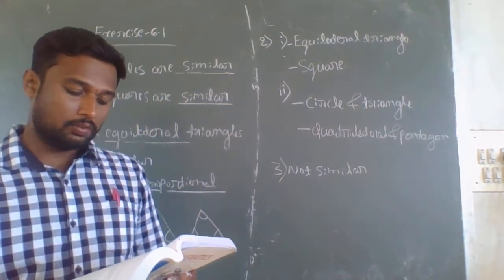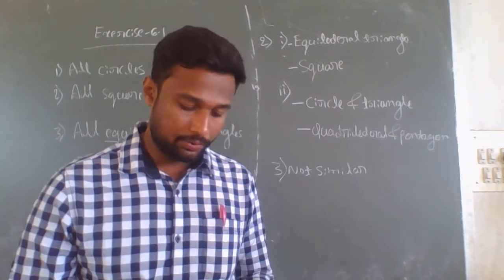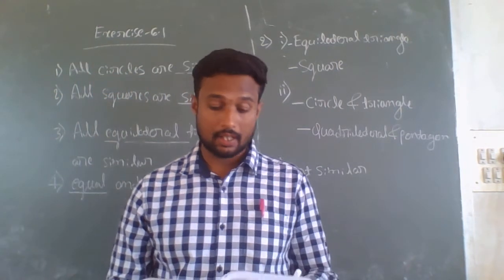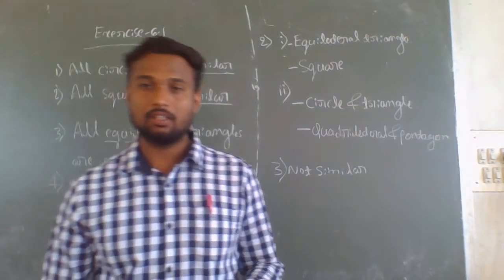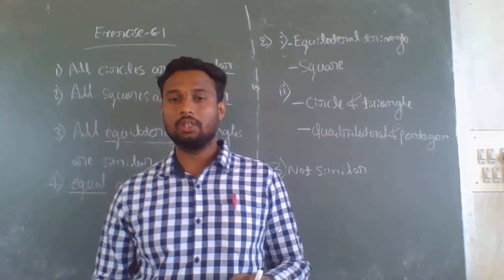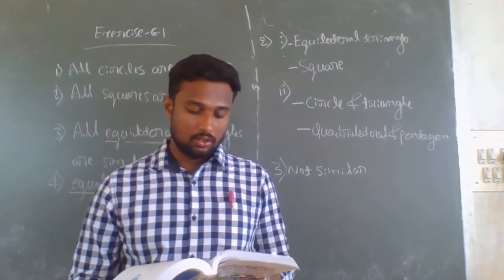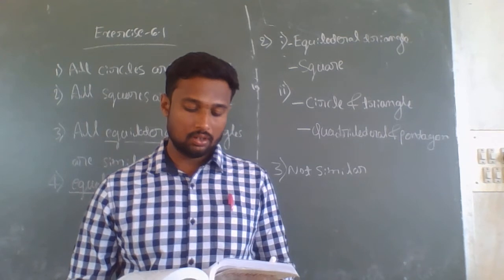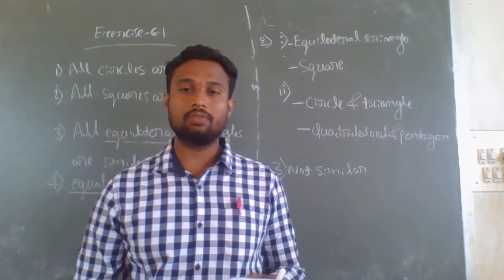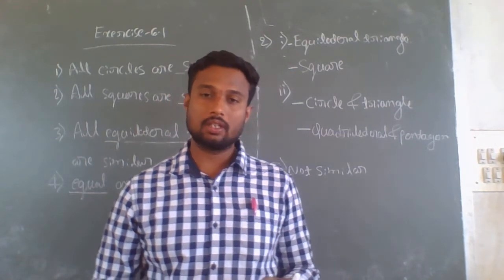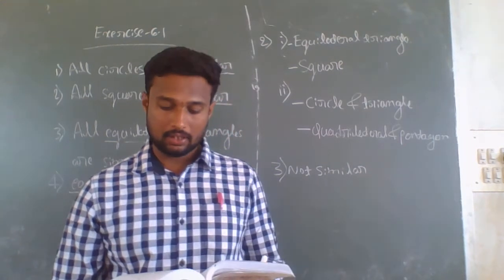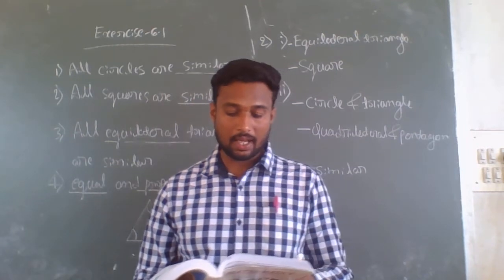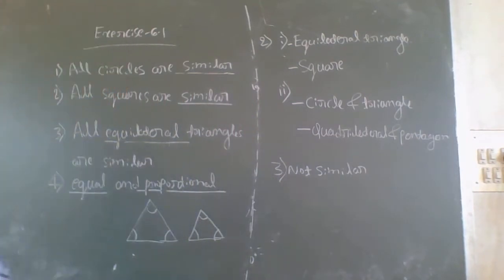Two polygons of the same number of sides are similar. They are asking two polygons of the same number of sides. If it is a pentagon, there should be a pentagon only. It should contain the same number of sides. They are similar if, condition 1, their corresponding angles are dash, their corresponding angles are equal.